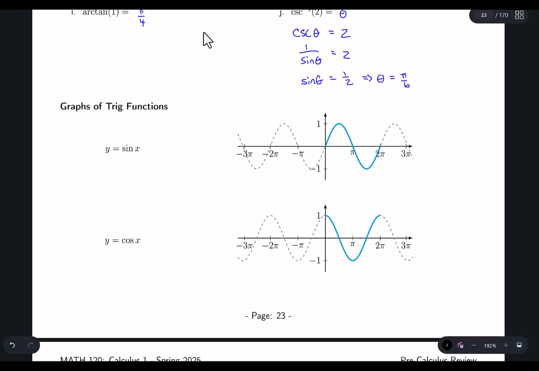So quadrant 1 goes from 0 to pi over 2. And if you'll notice, the graph of sine is increasing, so it's getting larger in value. And if you go through the different values along the unit circle, you've got 0 and 1 at quadrantal values, root 2 over 2, 1/2, root 3 over 2.